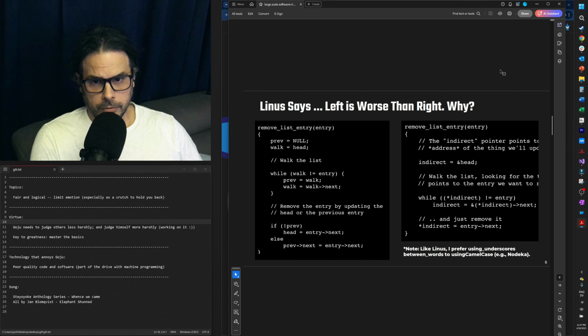Now, I'm going to give all of you a moment to look at this and try to synthesize all of these instructions. One more time, Linus says the code on the left is worse than the code on the right. And what we're really after here is why.